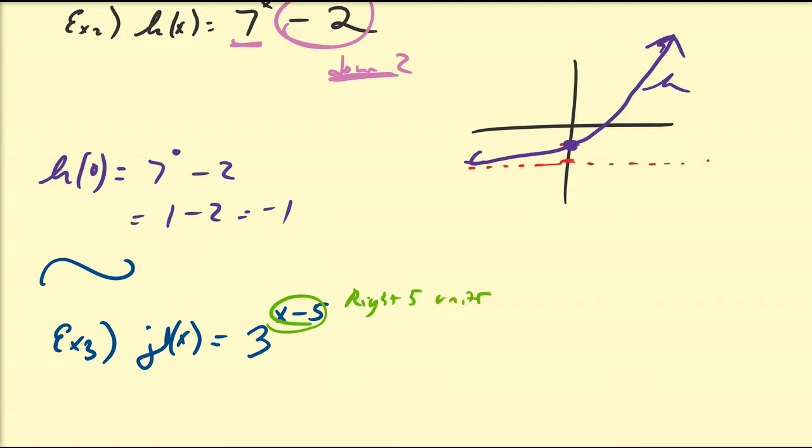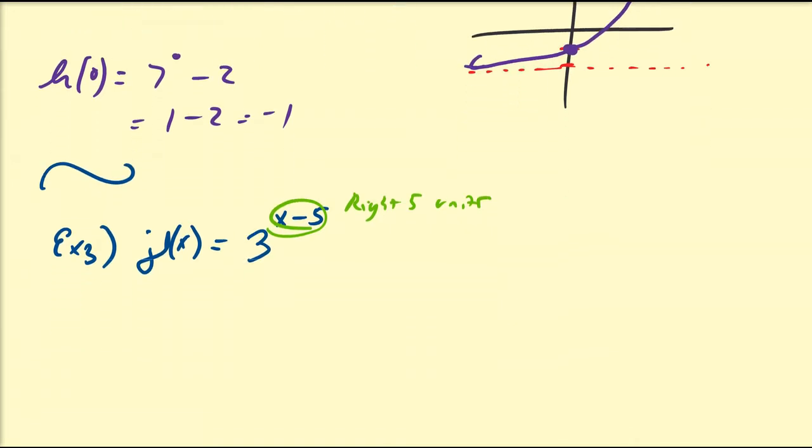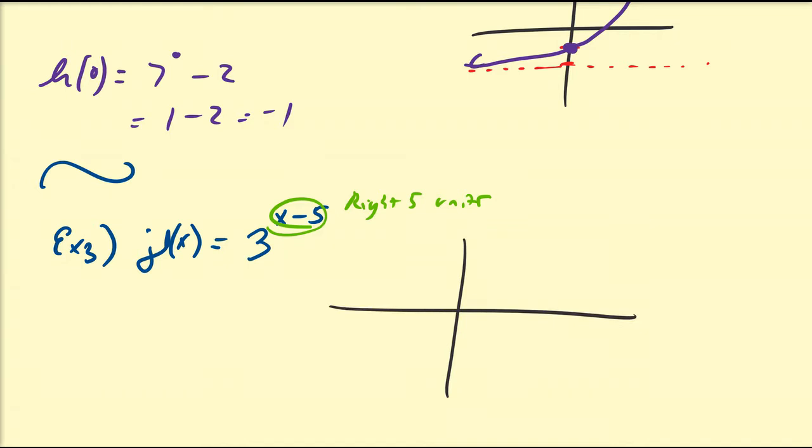If I shift the horizontal asymptote to the left or right, the horizontal asymptote does not change. Only vertical asymptotes would change if I move it to the left or right, but exponential functions do not have vertical asymptotes.